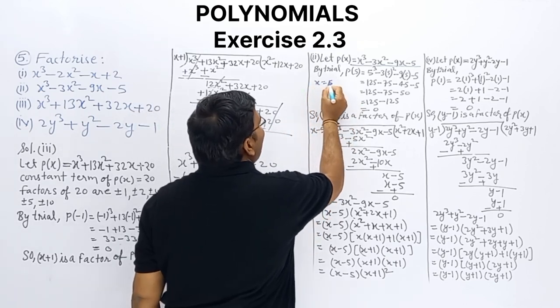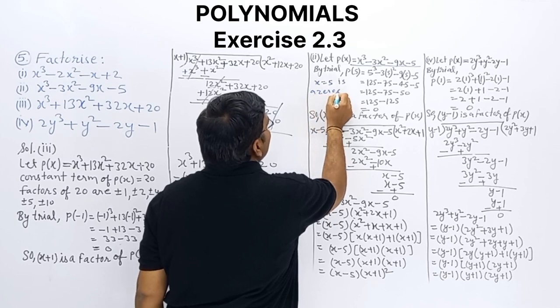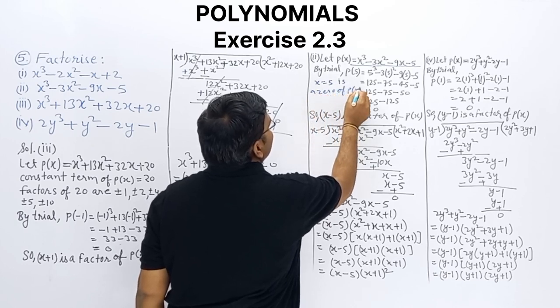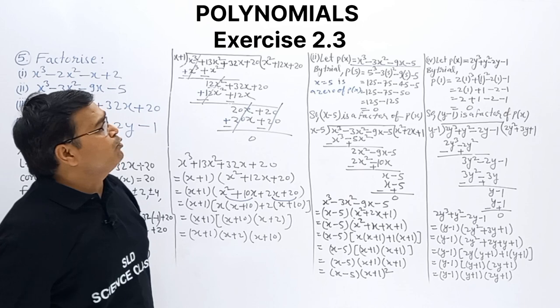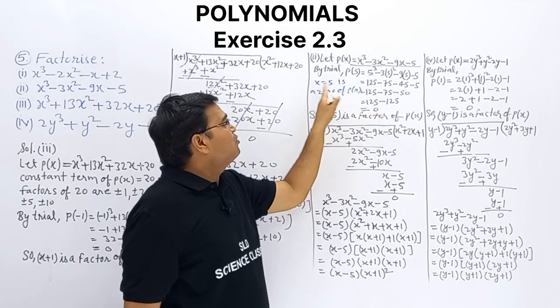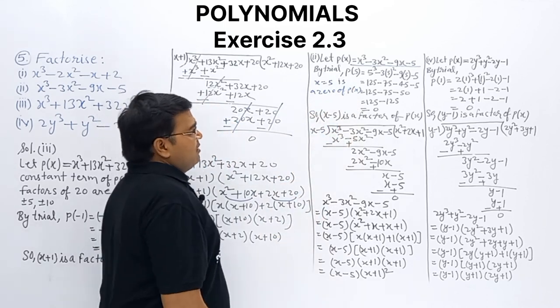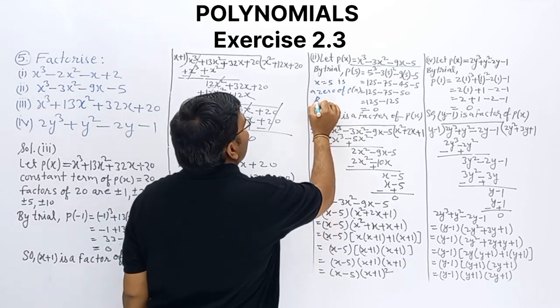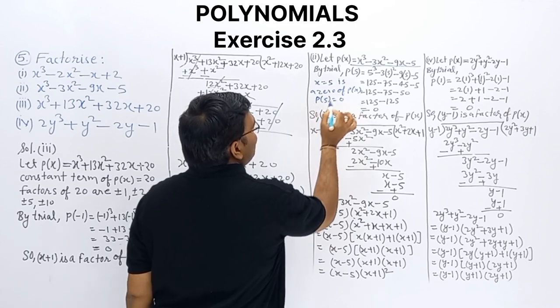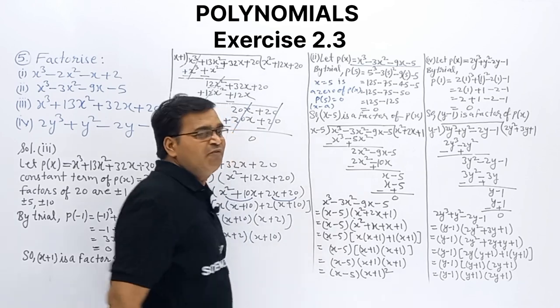x equal to 5 is a zero of p of x. Yes or no? When we put x equal to 5 in the polynomial, we are getting 0. So x equal to 5 is a zero of the polynomial. Then p of 5 equal to 0, so x minus a will be the factor.